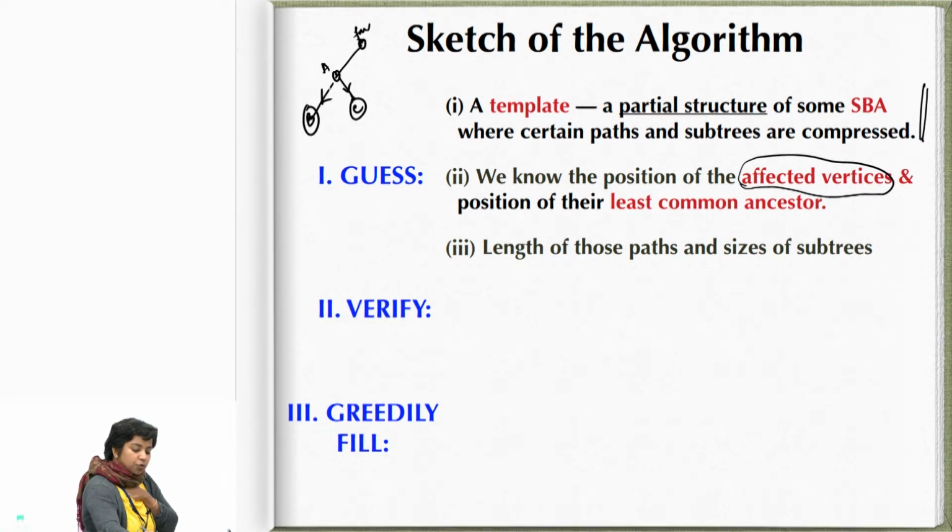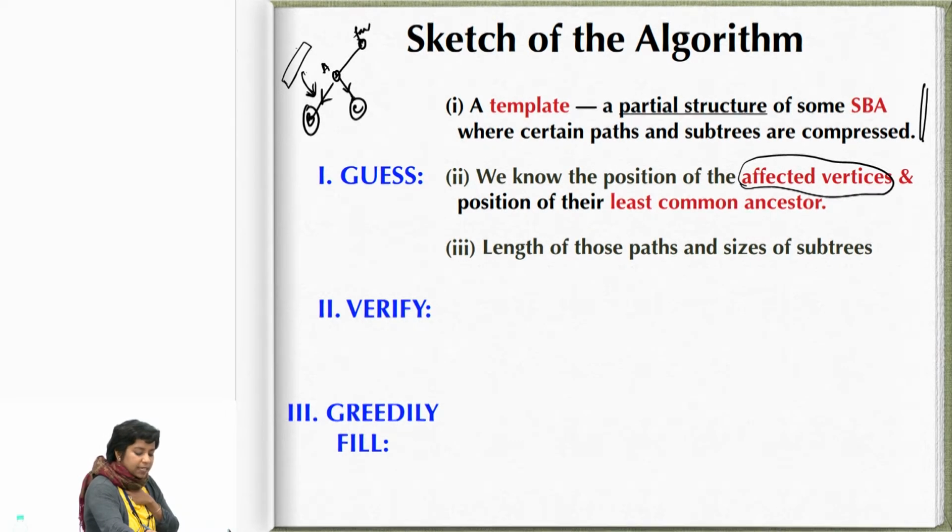I don't know yet whether, in the eventual SBA that I'm trying to find, A and B are actually playing; a direct edge would mean that they're actually playing each other. But I don't know whether that will be the case. I will guess all possible situations in which maybe A does not play against B, but there are a few other teams that they play against.